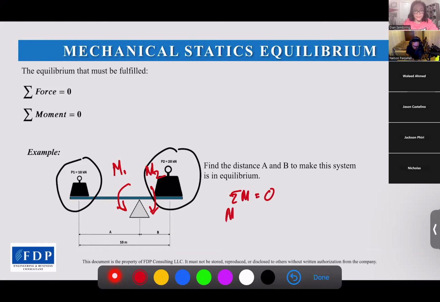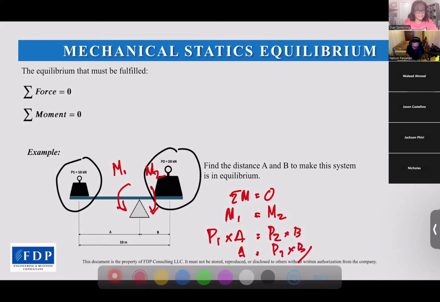So M1 should be equal to M2, and then P1 times A should be P2 times B, and then A equals P2 times B divided by P1. That's the first formula we have.